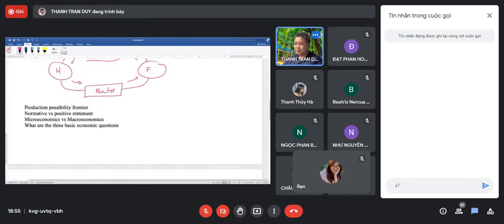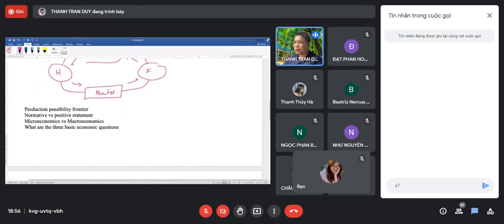And next, what is PPF? What is production possibility frontier? Anyone tell me the definition of PPF?